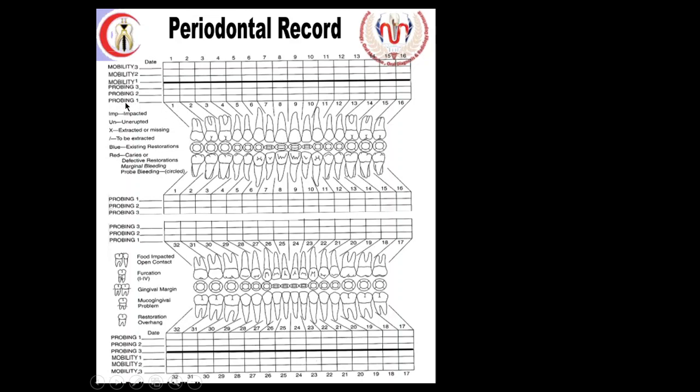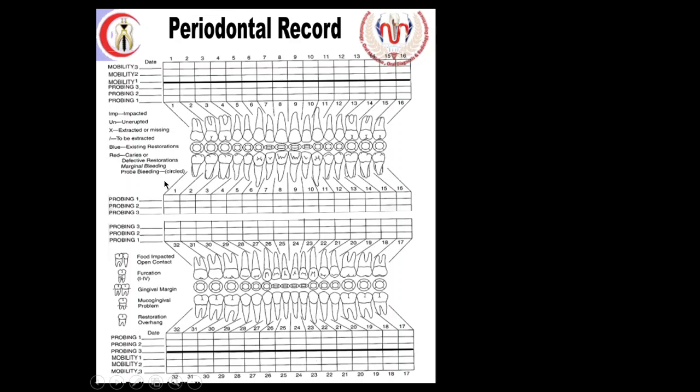Here is the probing one. Probing one means the periodontal pocket depth at visit number 1, probing 2 visit number 2, probing 3 visit number 3, and then mobility 1, mobility 2, mobility 3, and this is the date.